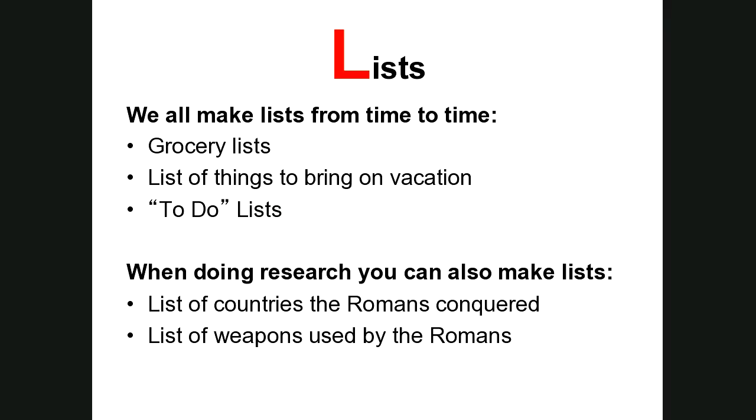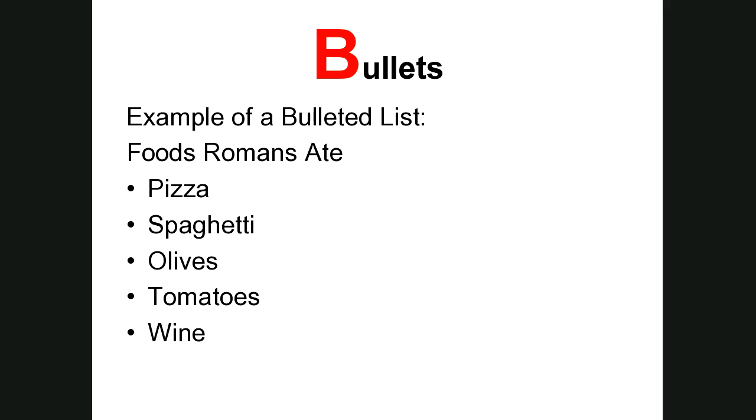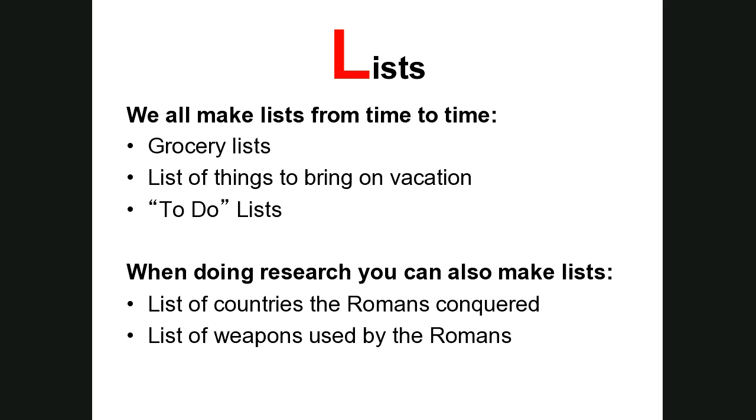Combining lists and bullet lists, as we talked about in the previous slide, is a really good starting point for taking notes. So again, you can make your title, Foods Romans Ate, and then list, or you can make a list on countries the Romans conquered or vocabulary that you need to study for that specific module, depending on the subject area.